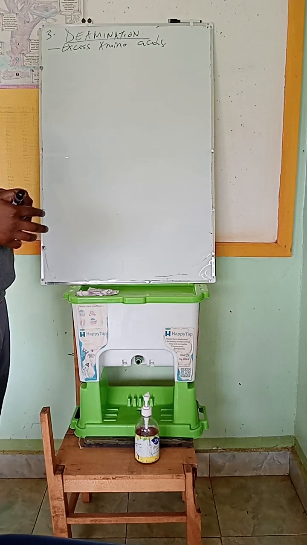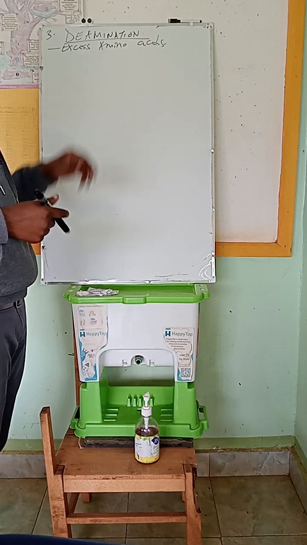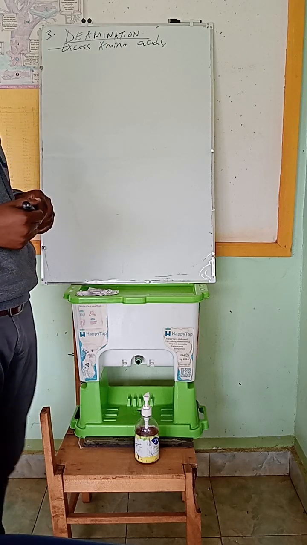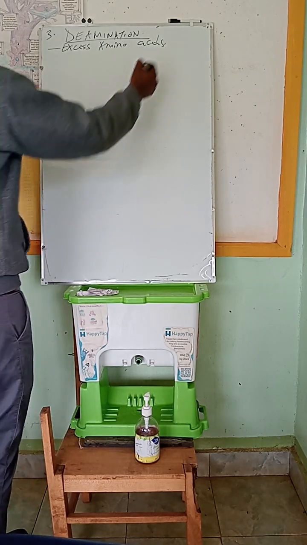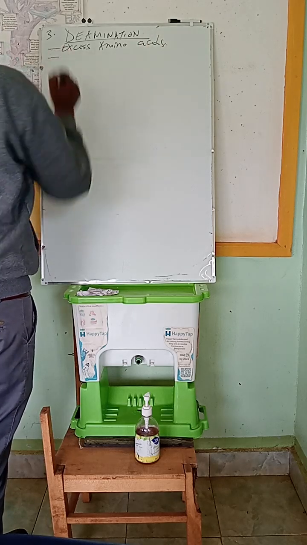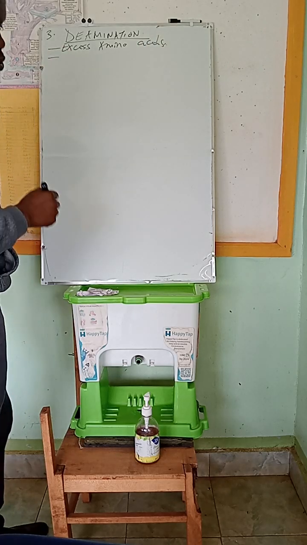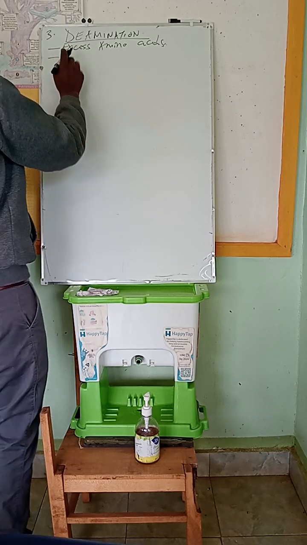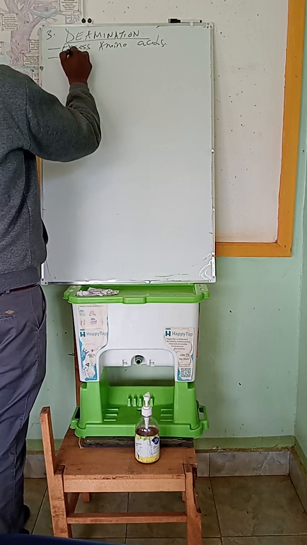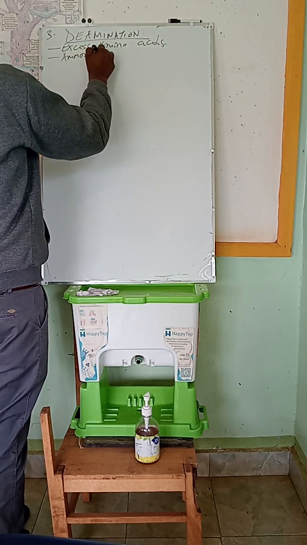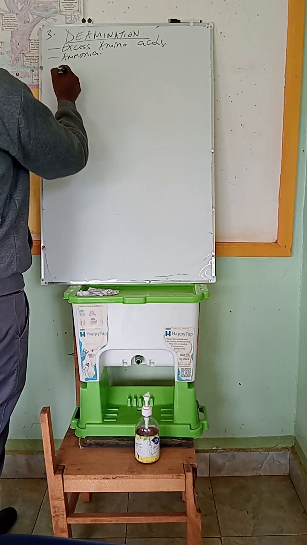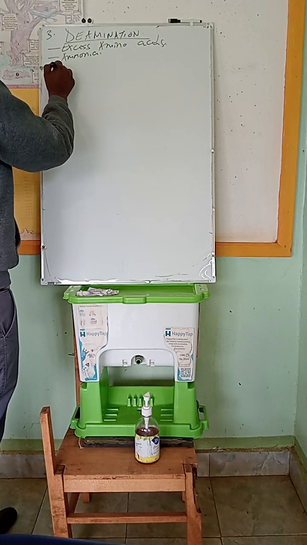So amino acids will be absorbed into the bloodstream. When they are in excess, they will be very, very toxic, right? They have to be deaminated. We are deaminating these excess amino acids to what? Ammonia. Let me use a table format, and we have excess amino acids.